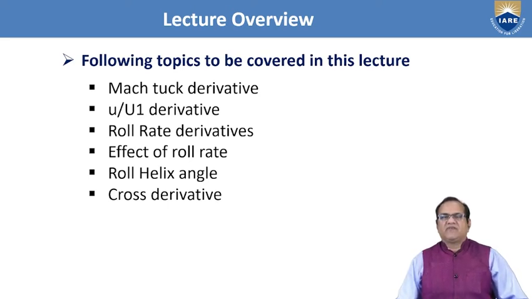The first one is the Mach-Tuck derivative, then the second one is the u by U1 derivative, third one is roll rate derivatives, then the effect of roll rate on aircraft stability, then roll helix angle and cross derivatives. These points I will be discussing with some examples and some figures.